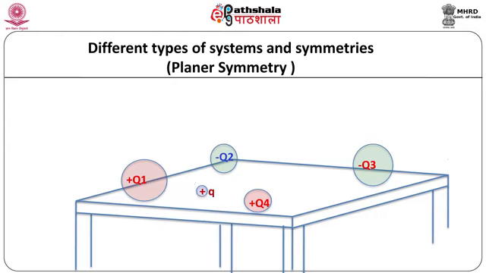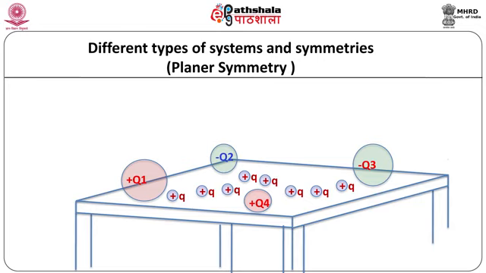Let us see. Observe the motion. Thus, the overall motion of the tiny charge will take place somewhat like this. Needless to mention the fact that all these examples bear planar symmetry. The motion is in the plane.